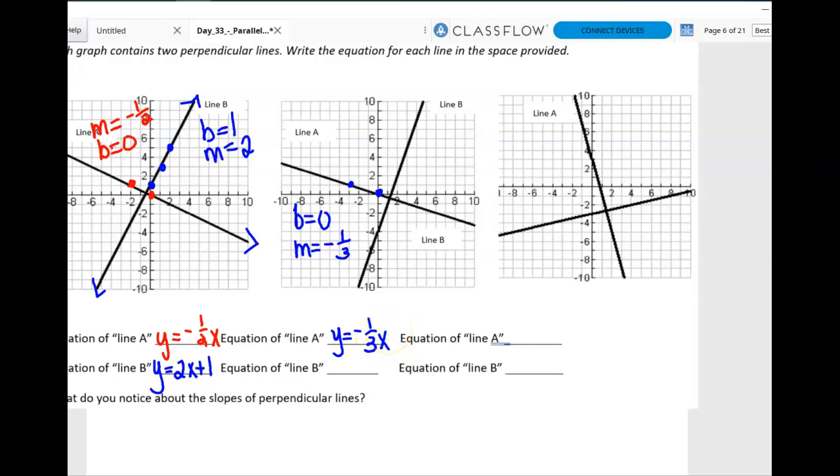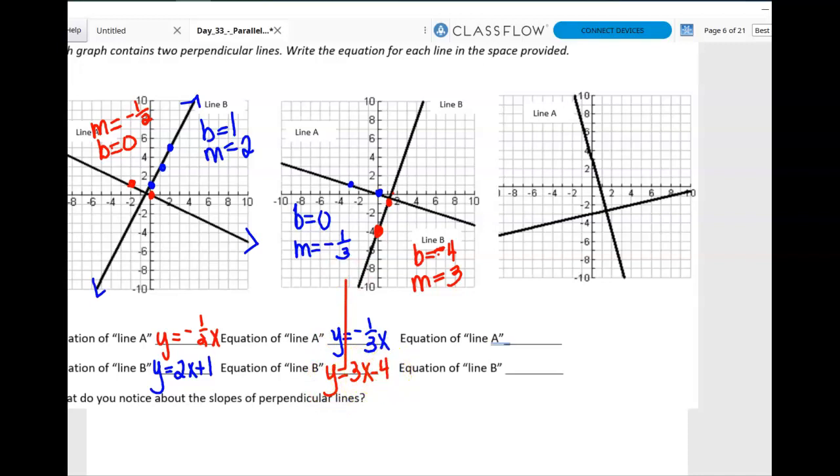Now with line B, my y-intercept is down here at -4, so our b is -4, and our slope, we rise 1, 2, 3 and over 1. So our slope is 3. The equation of that line would be y equals 3x minus 4.